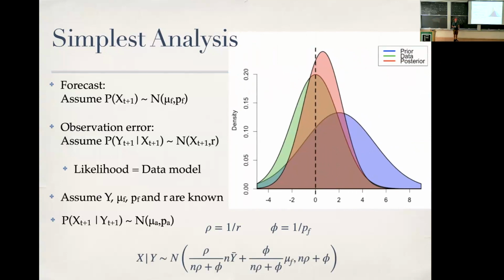This was all foreshadowing. We went through the math and we saw that if we convert those variances into precisions, our analysis is a weighted average of our forecast and our likelihood, each weighted by their precisions, and the updated analysis precision is the sum of the forecast and likelihood precisions. There's a reason I went through that example.